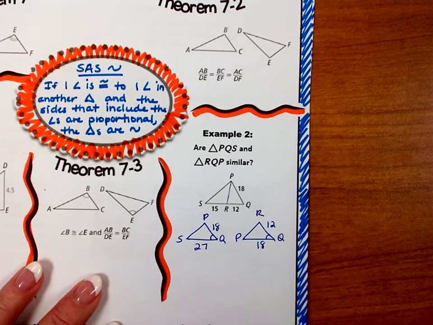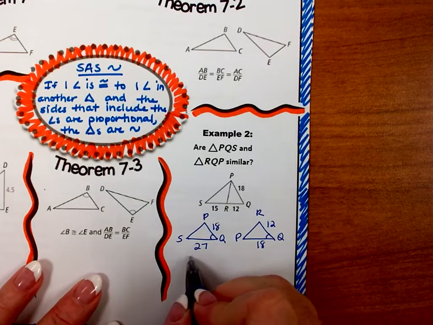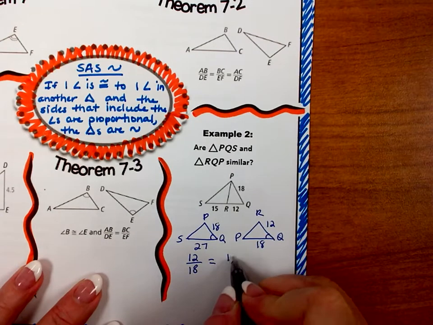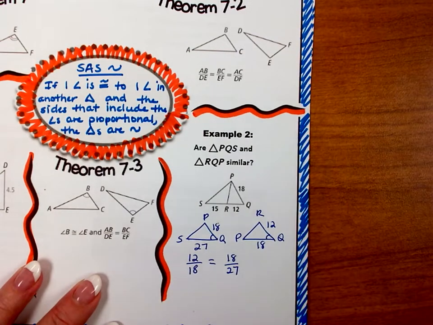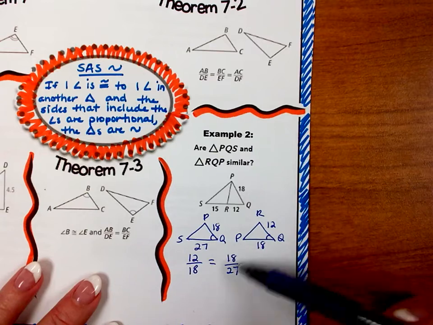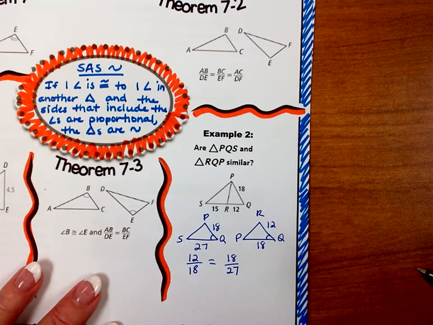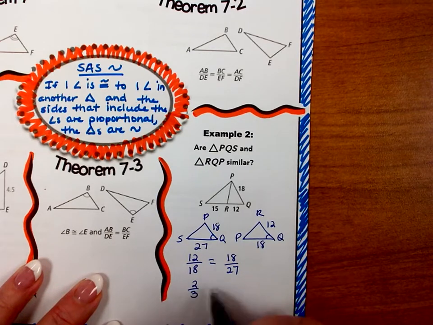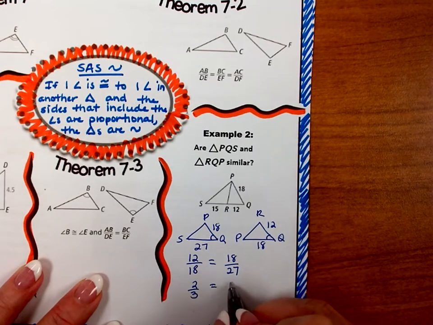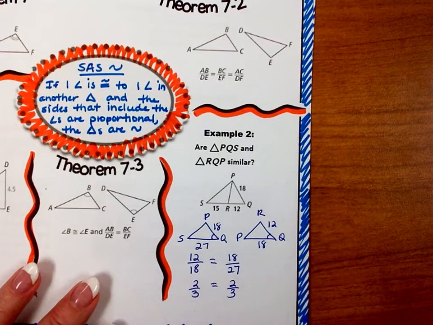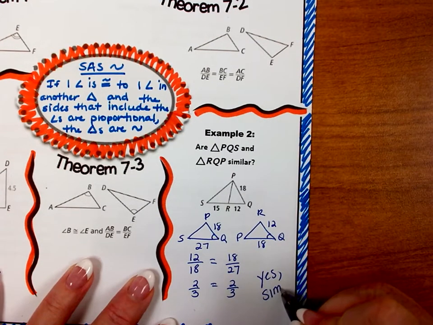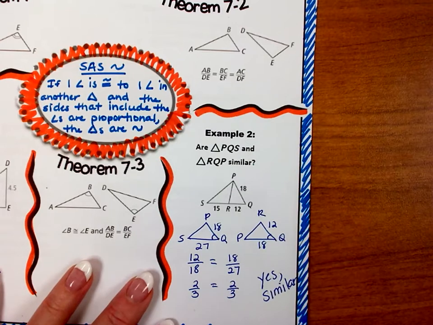So we can say 12 over 18 is equal to 18 over 27. And if we reduce these, and this is just a coincidence, but 12 over 18 is equal to 2/3, and 18 over 27 is also equal to 2/3. So yes, these are similar.